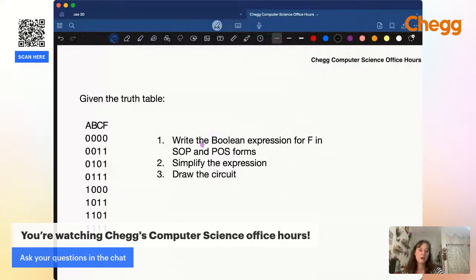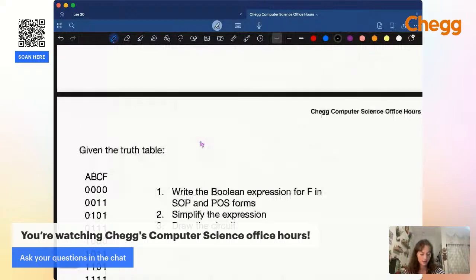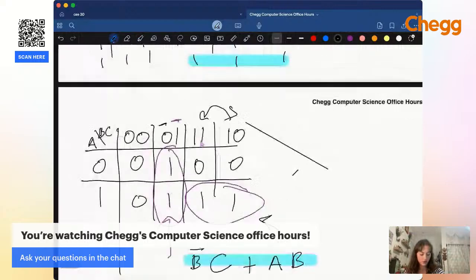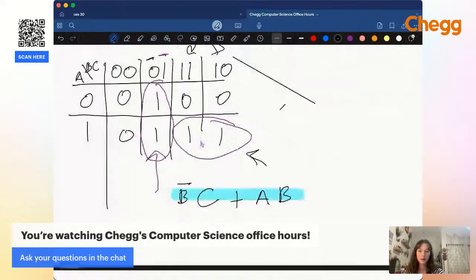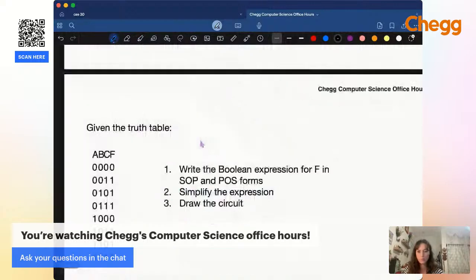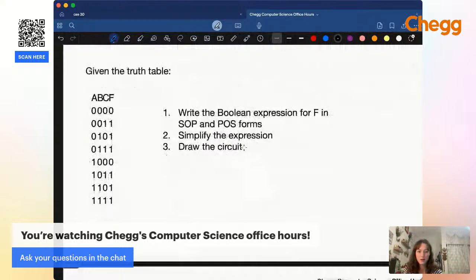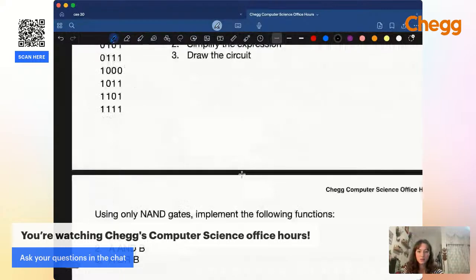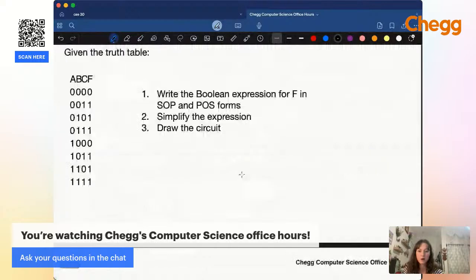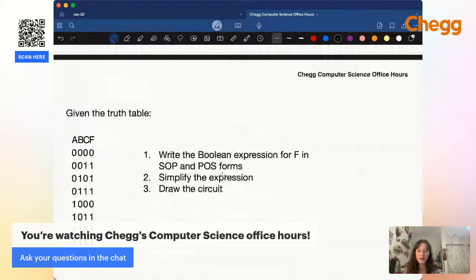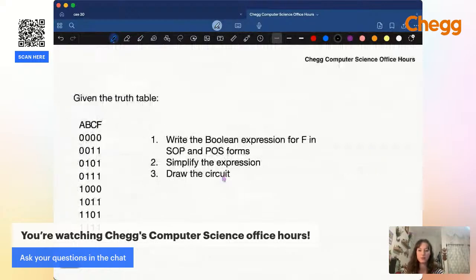So I believe someone from TikTok is asking about Karnaugh maps, and that's what we just went over. If you want more practice problems about Karnaugh maps, I can add more. I don't think I have any prepared right now, but I can do one with this problem if that would be good. So just let me know in the chat if you want me to do more K-map practice problems.